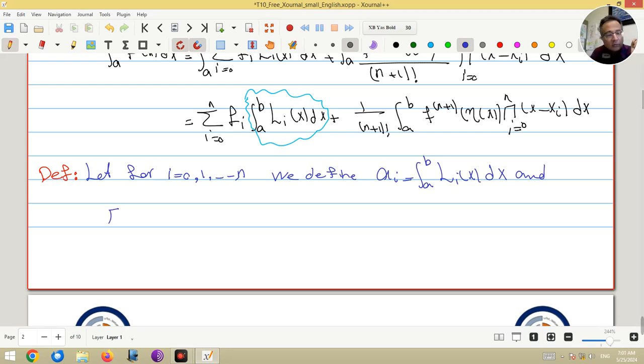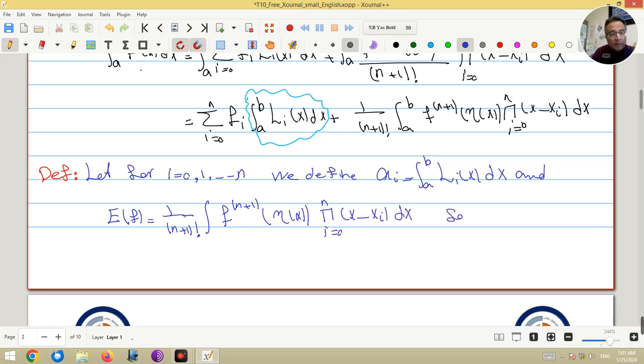And also we define E of f to be equal to 1 over n plus 1 factorial times the integral of the n plus 1th derivative of f at eta of x times the product for i equal to 0 to n of x minus xi dx.